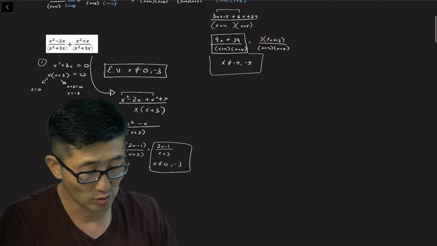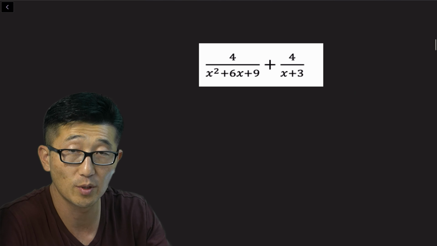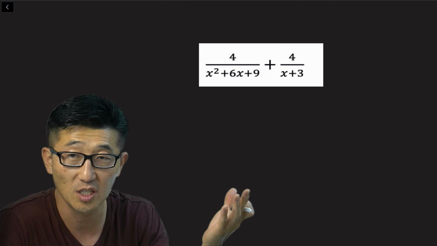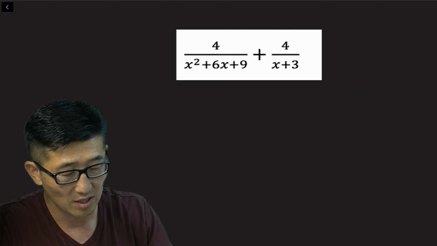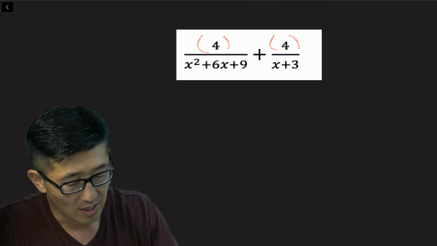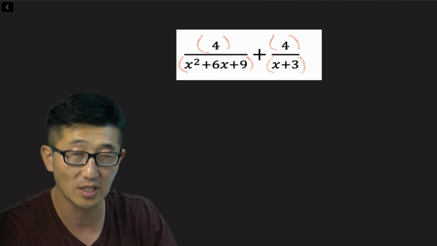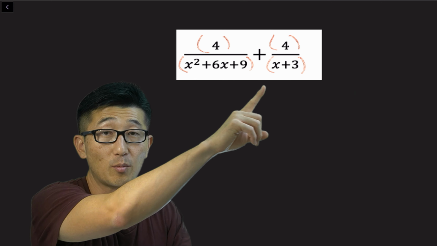All right, let's move on to another example. Again, we're just going to look at more expressions, but a little bit more complicated. Again, if you have a hard time seeing the simplicity behind this, just take a step back and realize, oh, it's just a 4 on top and one big expression on the bottom, which represents just one term. And you realize there are different denominators.